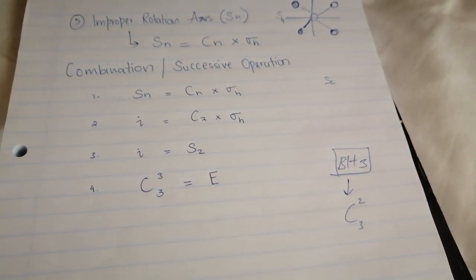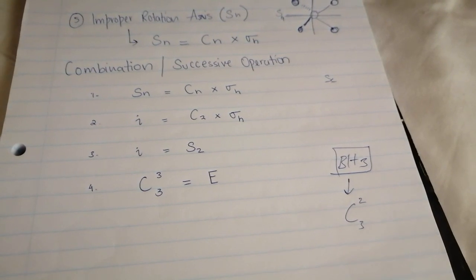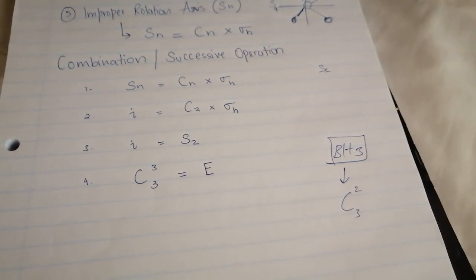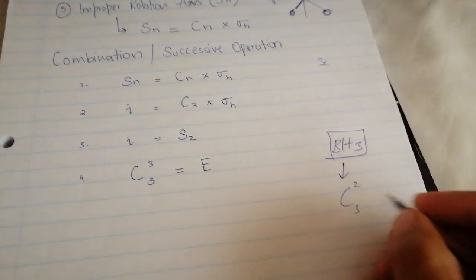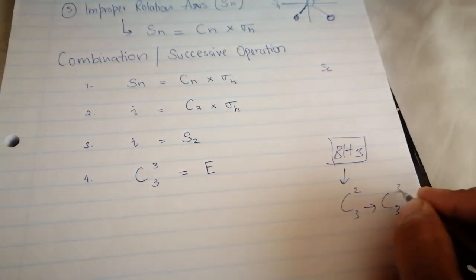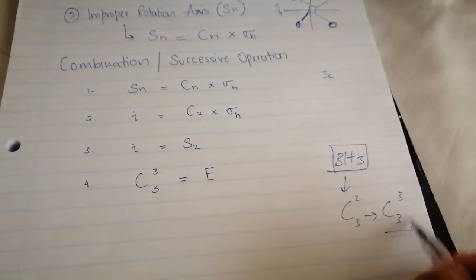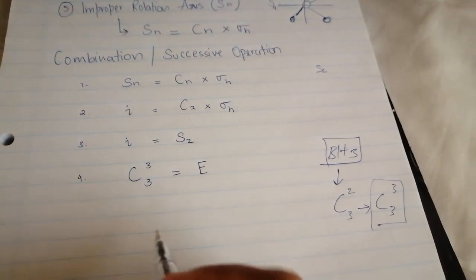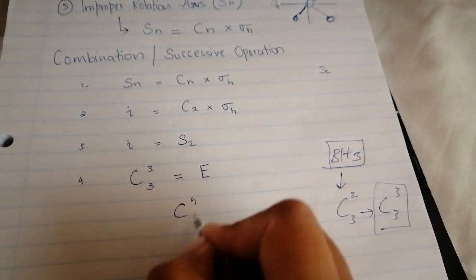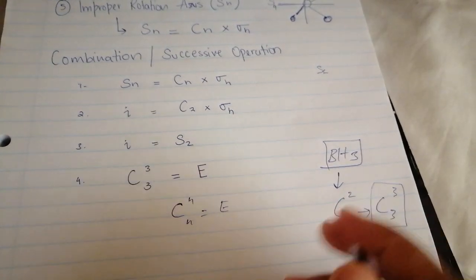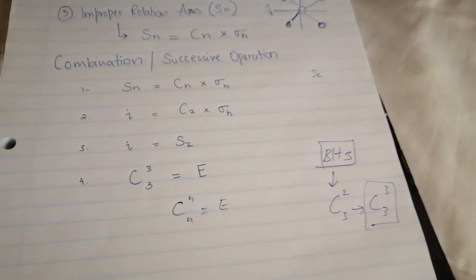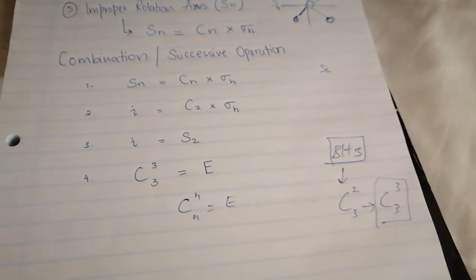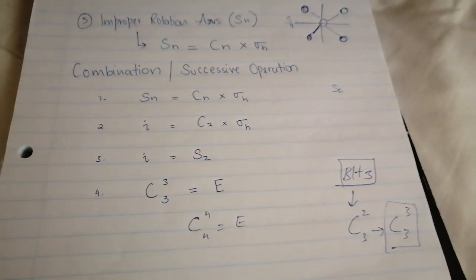When the C3 operation is performed a third time, the molecule will return to its original configuration. So it will be C3 cubed. This molecule will return to the original conformation. So we can say Cn to the n equals E. So any symmetry operation can be carried out multiple times. This symbol will represent that.